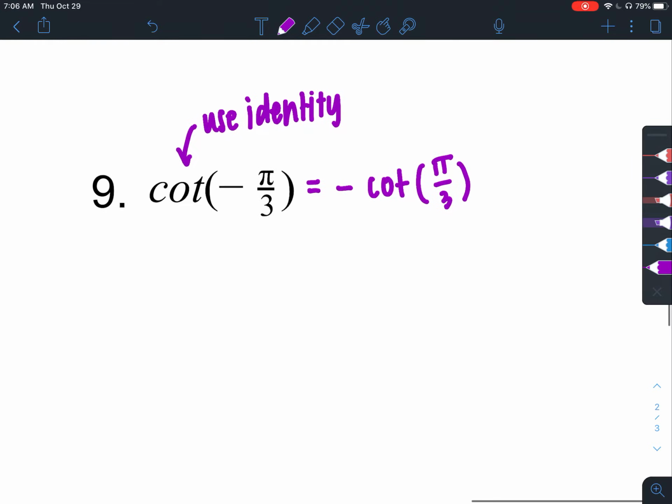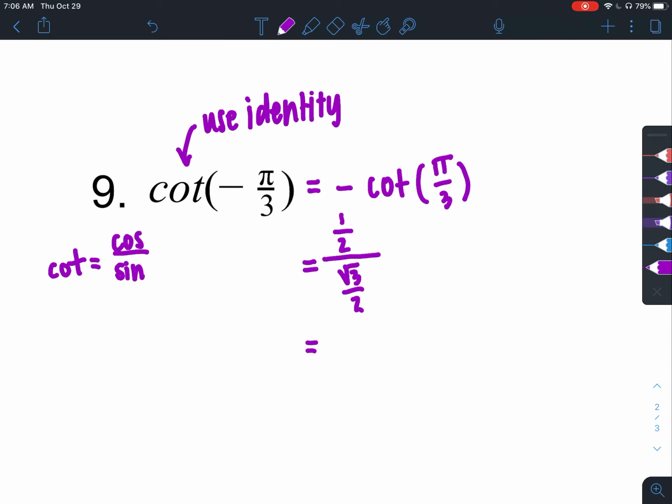If we don't quite remember what those values are for cotangent, we can easily find it by saying cotangent is equal to cosine over sine, which we do know. Cosine of pi over 3 is 1/2, and sine is radical 3 over 2.